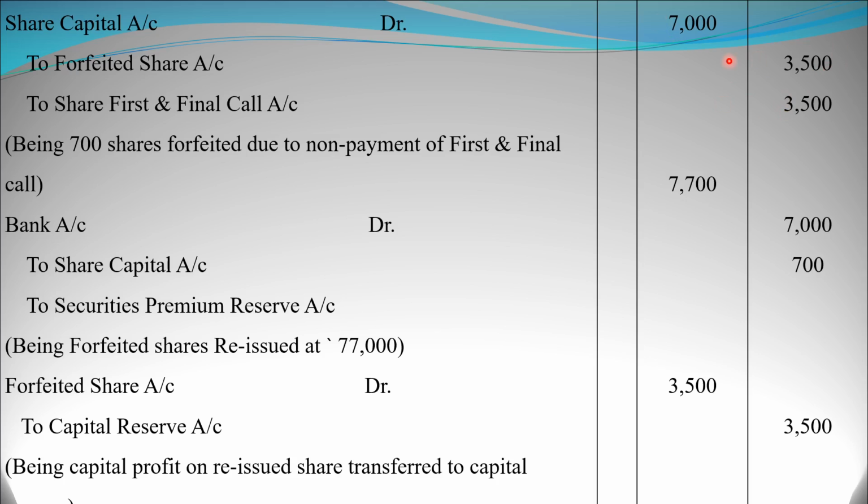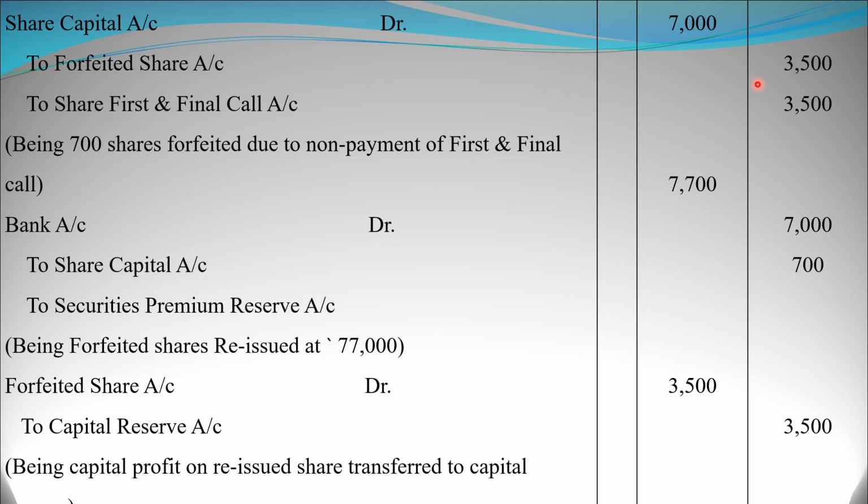Another way you can calculate how much was paid. Here premium cannot be cancelled, because premium money will be refunded by the company to the respective shareholder. So here allotment 3 and application 2, 5. So 5 into 700, that is 3,500. That amount, which is capital related, is being forfeited. Premium we cannot cancel. If premium money is unpaid, then that will be cancelled.